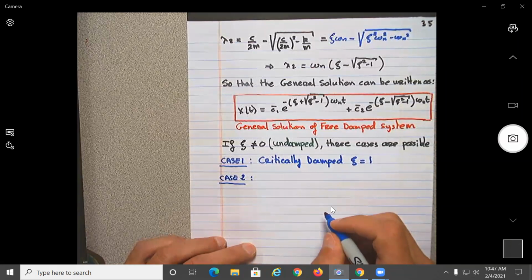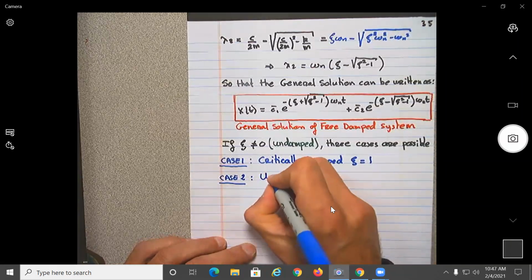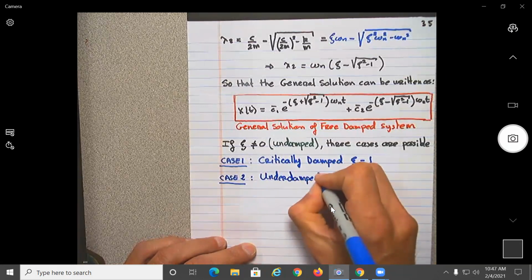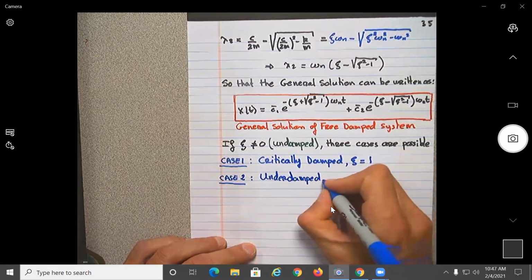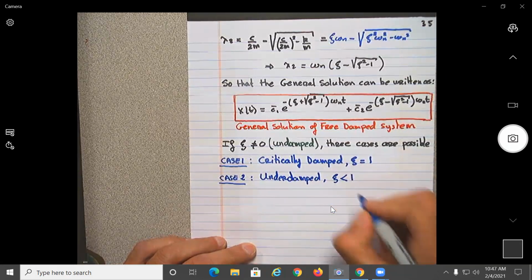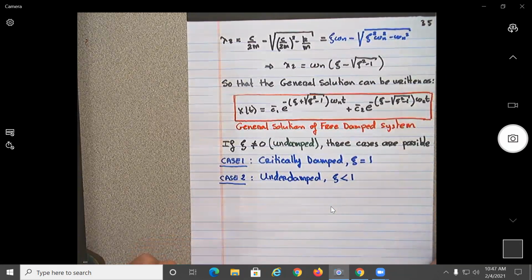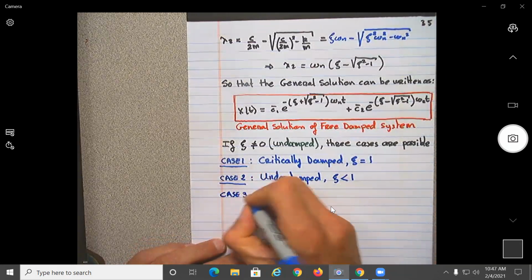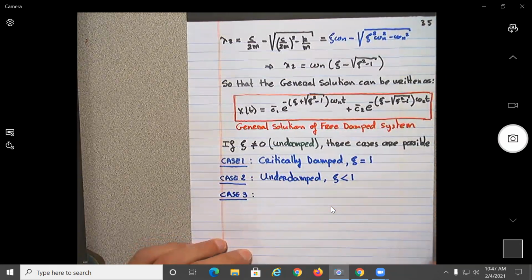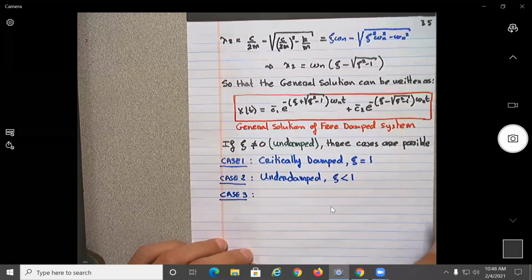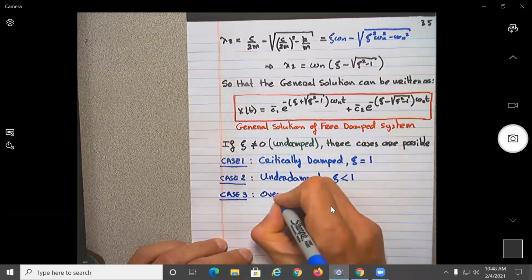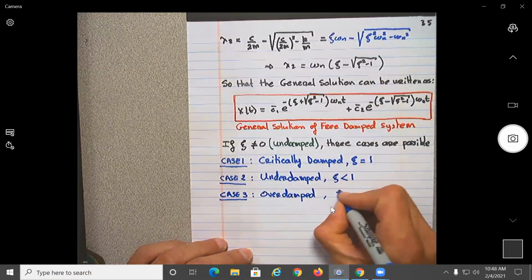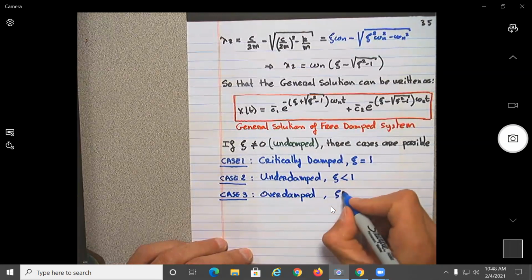Case 2 will be the underdamped, which is the most common. In that case, the damping ratio is lower than 1. And case 3 will be the overdamped, which is when the damping ratio is higher than 1.